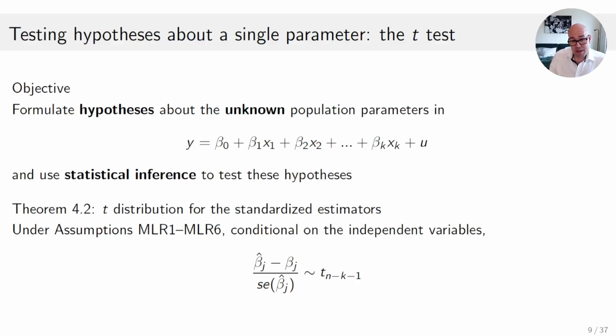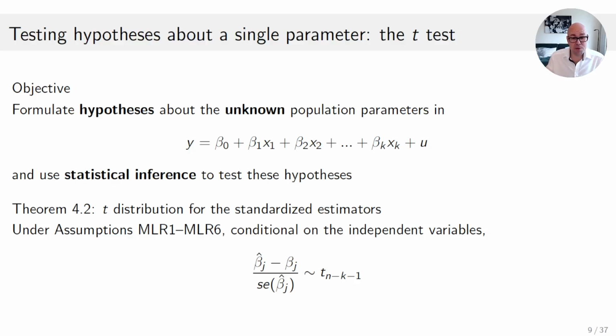For now, let me just draw the parallel to the earlier result in theorem 4.1. Earlier, we have seen that beta j hat minus beta j divided by the standard deviation of beta j hat has a standard normal distribution. The one difference now is that we have replaced the standard deviation of beta j hat, which, by the way, we normally don't know.